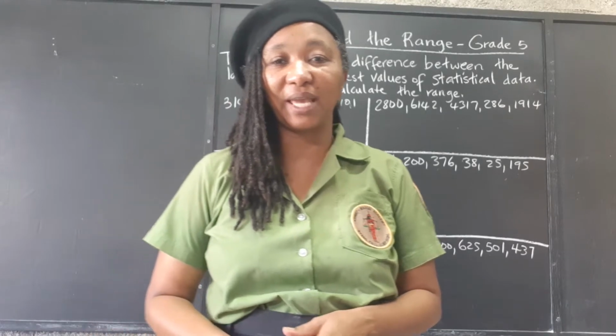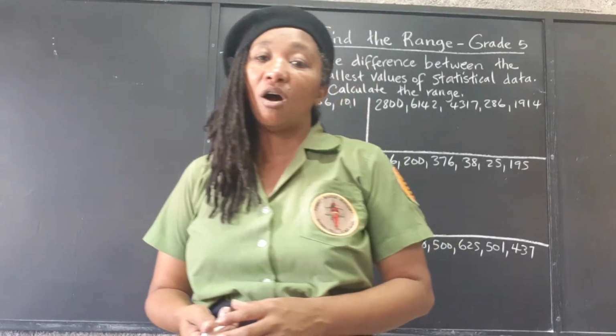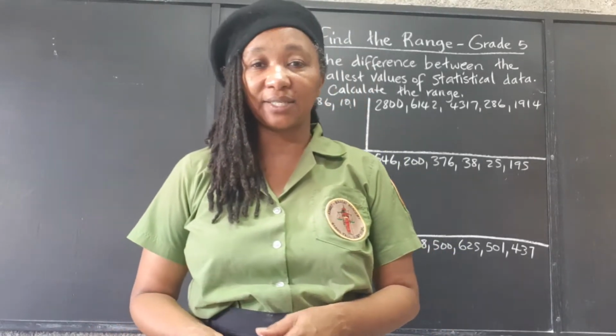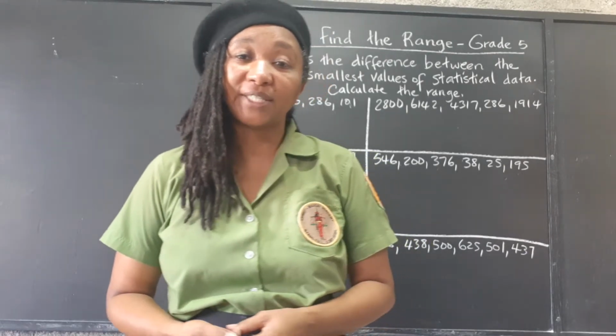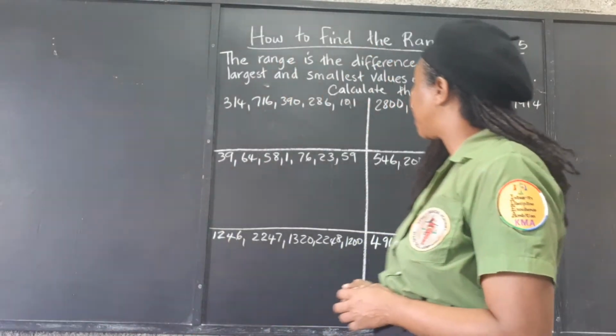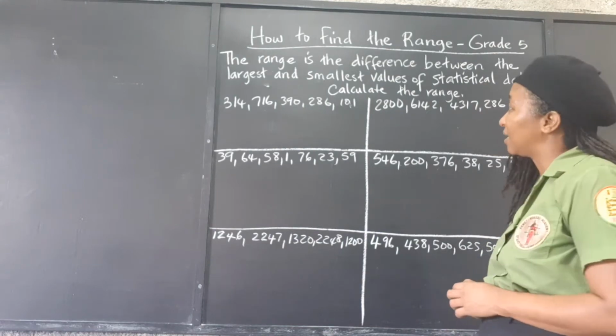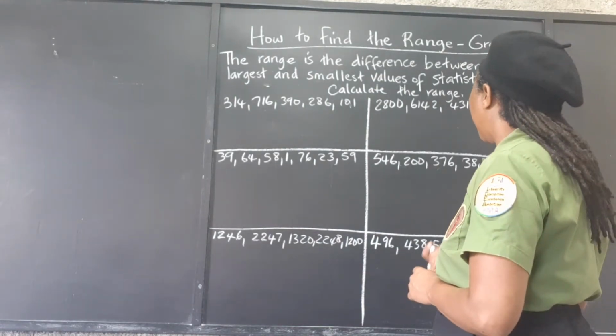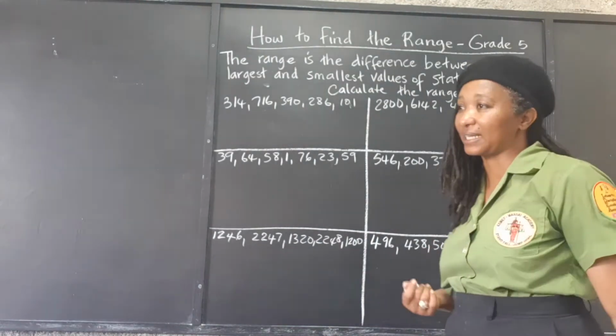This morning we're looking at the range under the topic of statistics. What is the range? Let's look at the definition. It says the range is the difference between the largest and smallest values of statistical data.